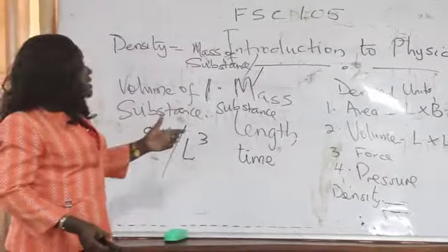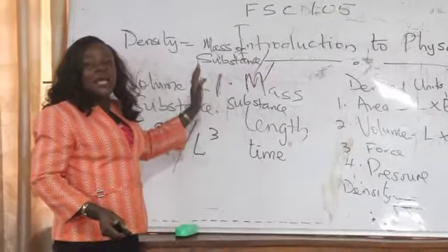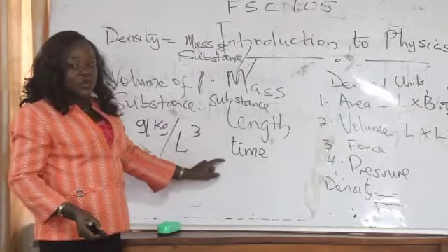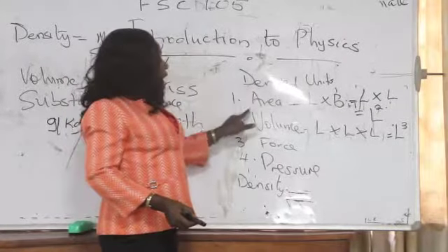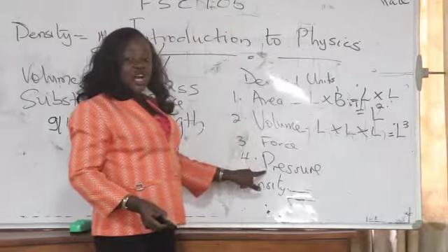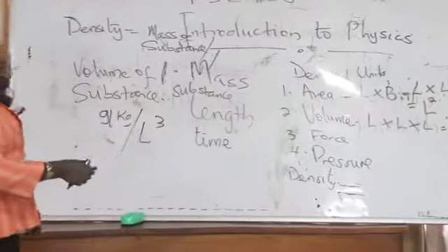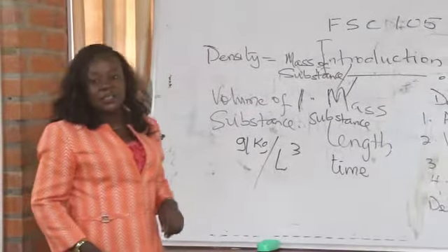I have given you examples of fundamental units: at least the 3 basic ones, which are mass, length, and time. And I've given you examples of derived units, which are area, volume, force, pressure, and density. These are commonly used in our day-to-day activities.